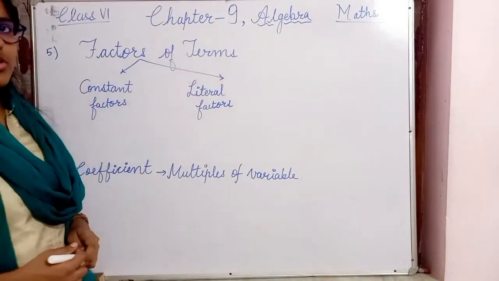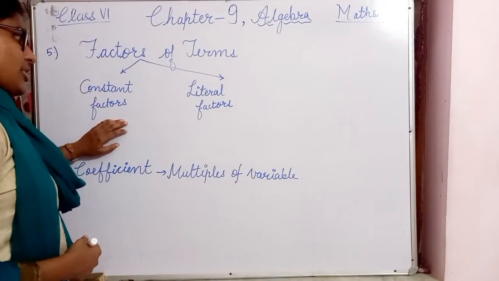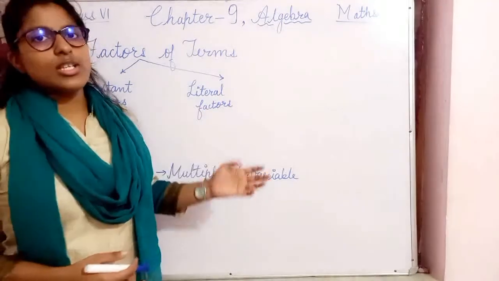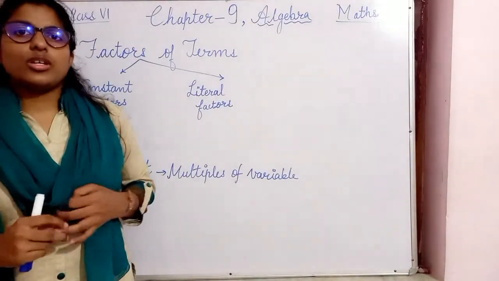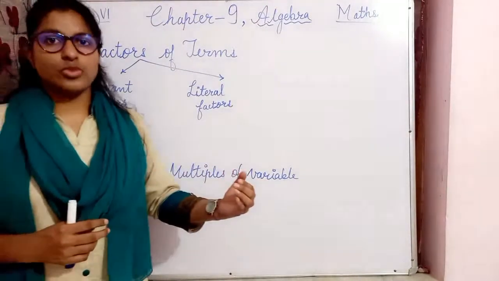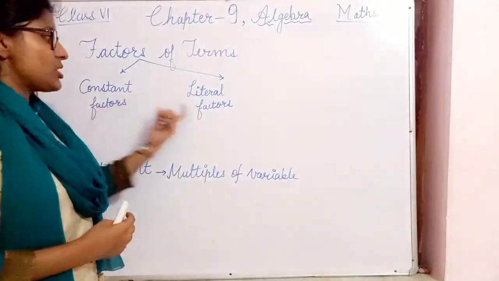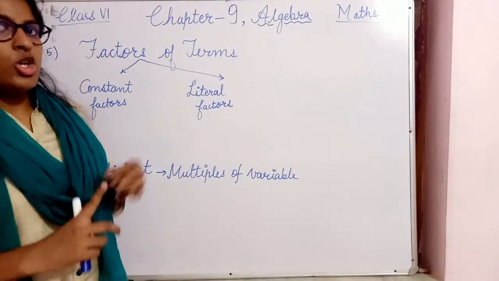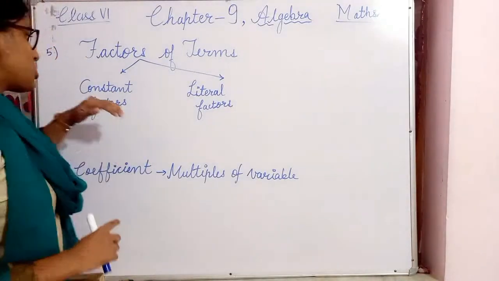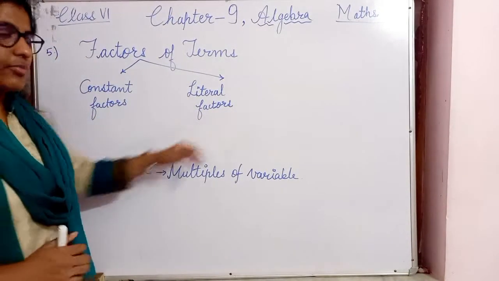Terms mean algebraic terms. There are 2 types: constant factors and literal factors. Obviously we have 2 types of terms: one is a constant and one is a variable. So factors are also 2 types, one is constant factor and one is literal factor.